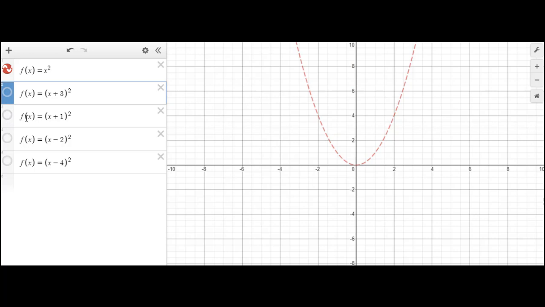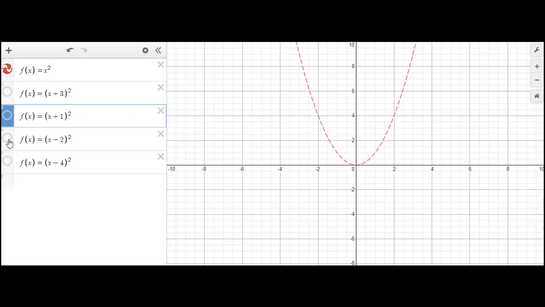When we look at the graph of f of x equals the quantity x plus 1 squared, notice that our main parabola goes through 0, 0, but this new graph goes through the point negative 1, 0, which is left 1 unit of the original graph. So we obtain this new graph by shifting the graph of y equals x squared left 1 unit.